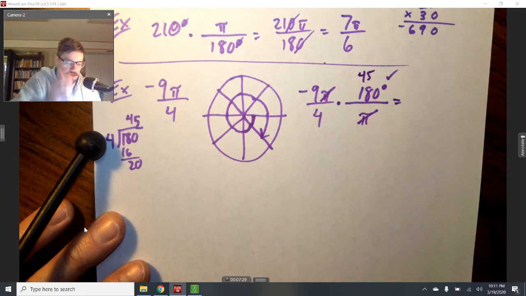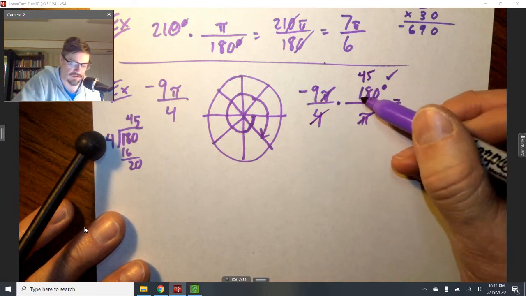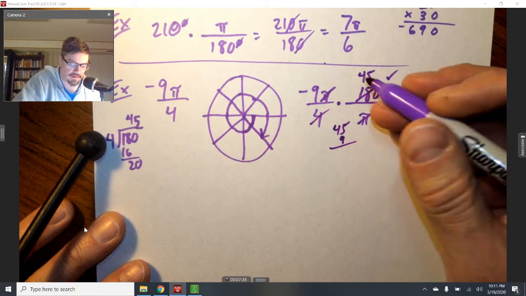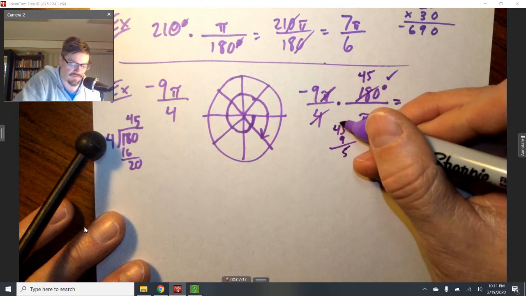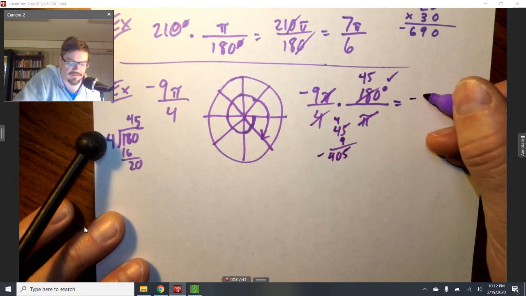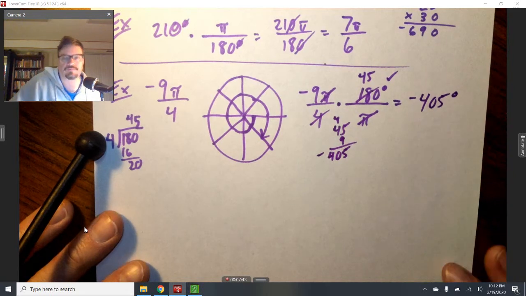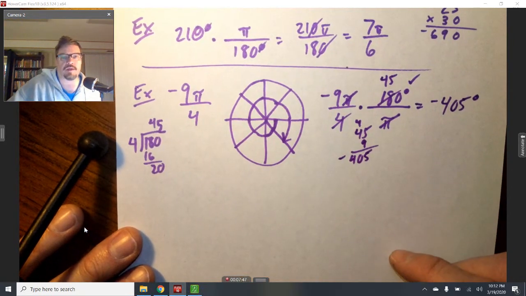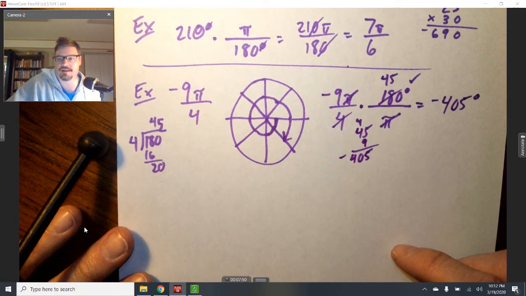So negative 9 times 45. Remember that's negative, so negative 405. So negative 405 degrees, yeah, sounds about right. The estimate makes sense.